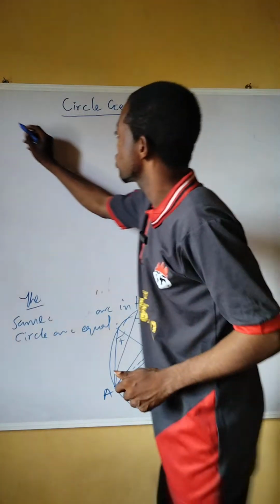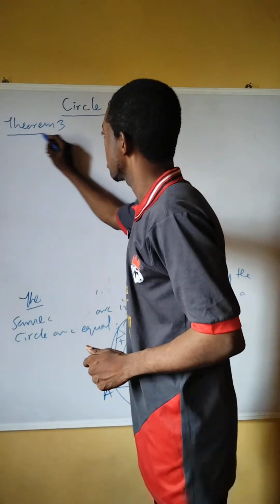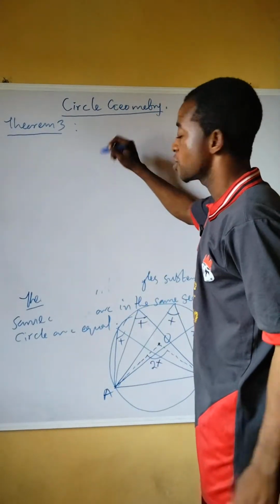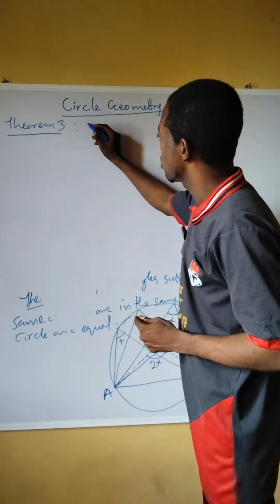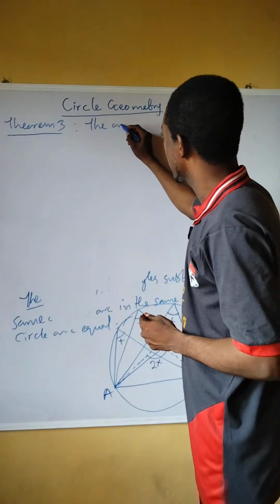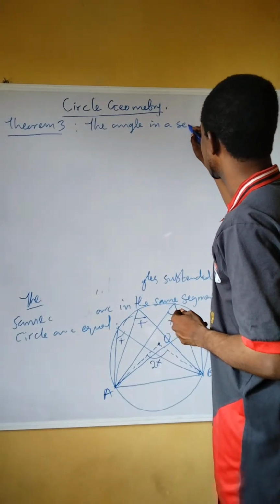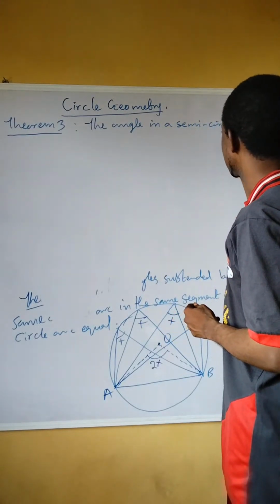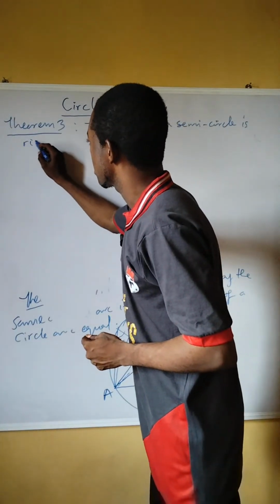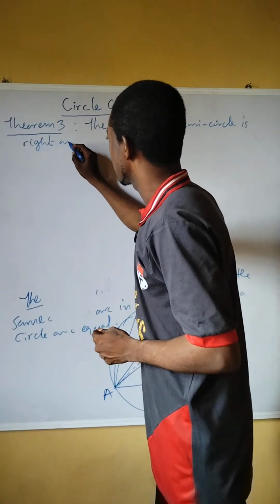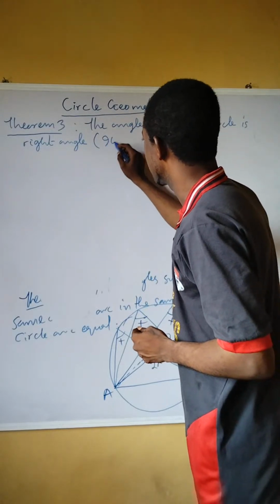In this theorem 3, the theorem says that the angle subtended by a semicircle, the angle in a semicircle, is a right angle. In other words, that means it is equal to 90 degrees.